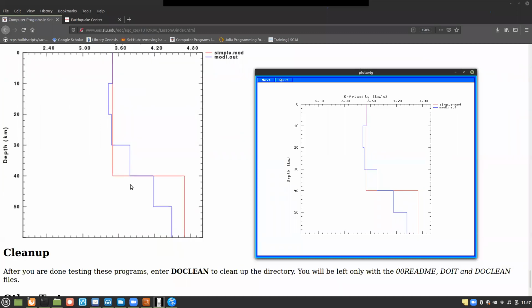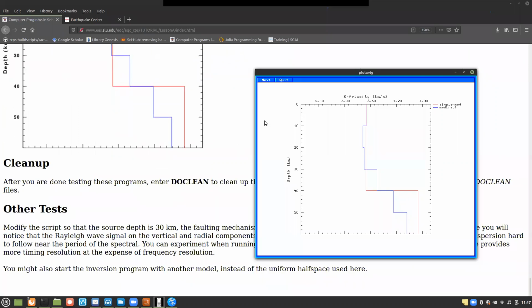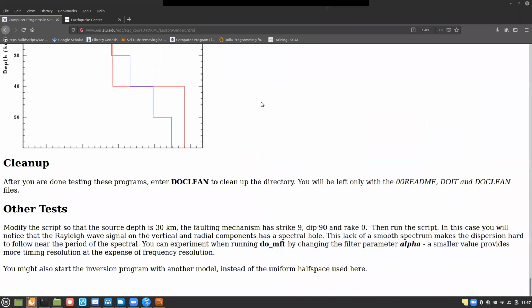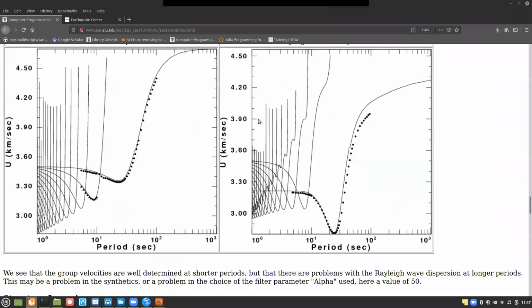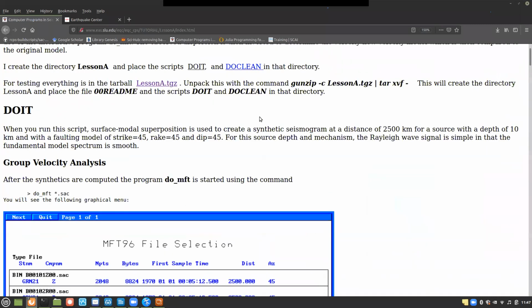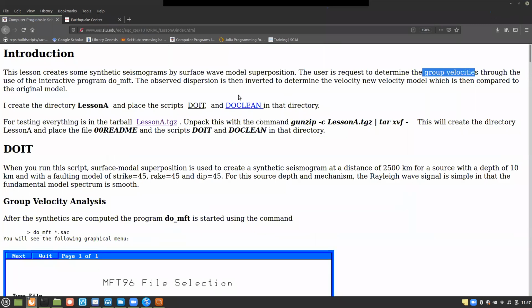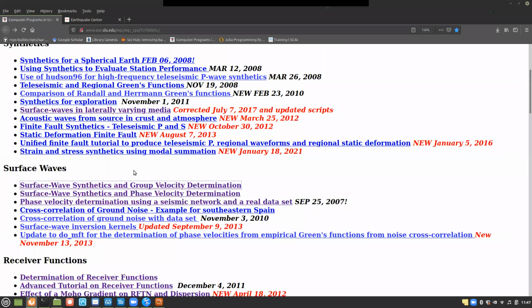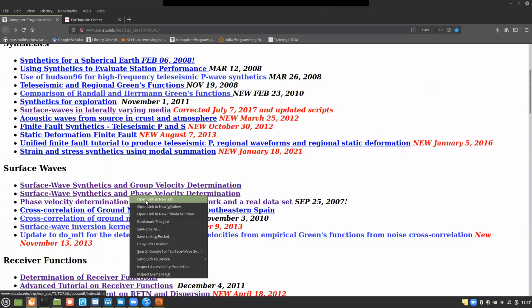What does a better job is the receiver functions that we'll look at next. Okay, so this is the good velocity investigation. And the next one that you can look at is also phase velocities.